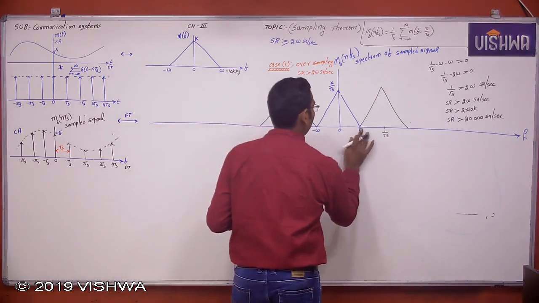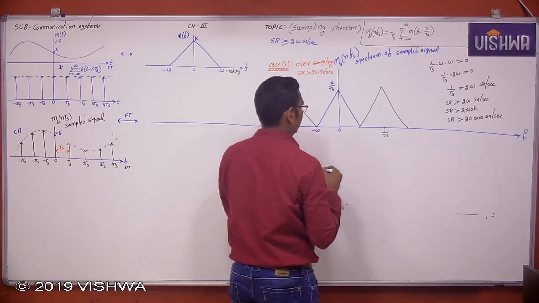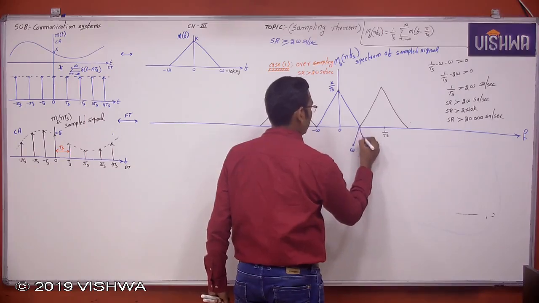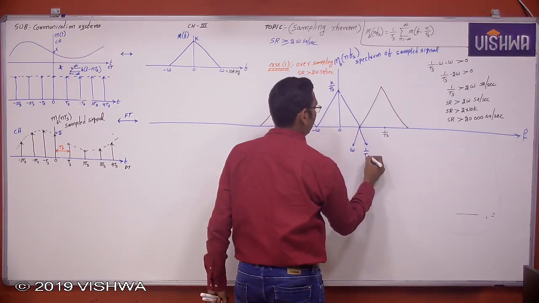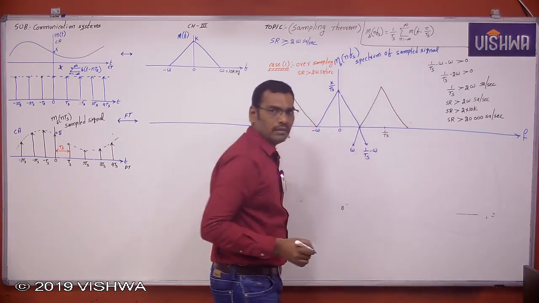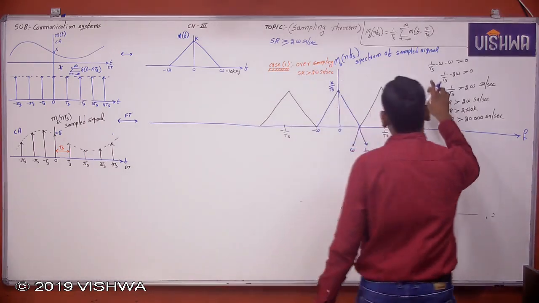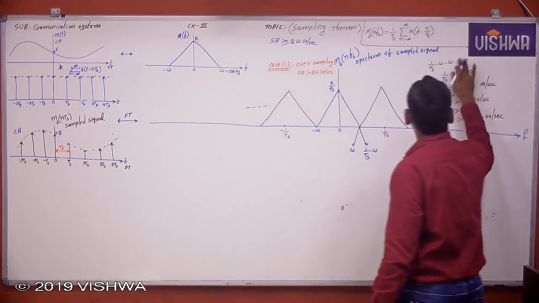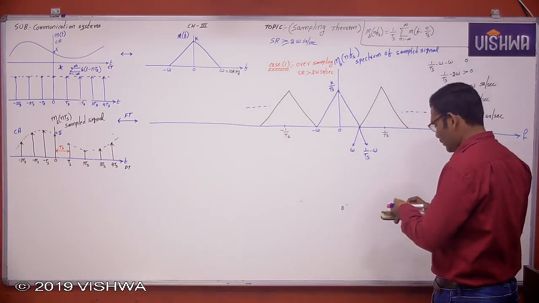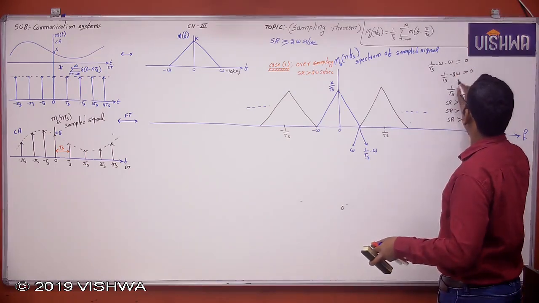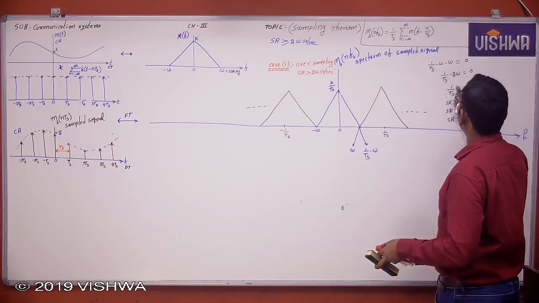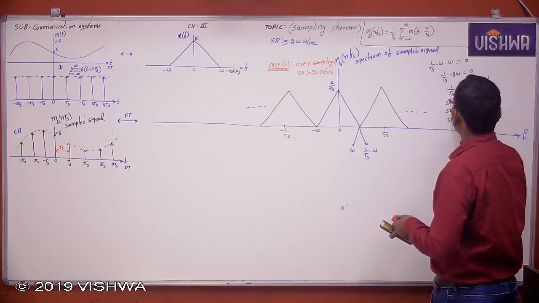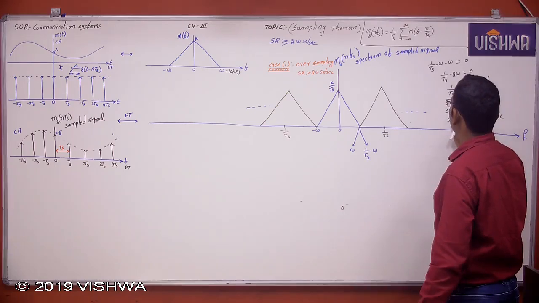Now what is this gap? Here there are two signals. The upper limit is omega. The lower limit is 1/Ts minus omega. What is this gap? 1/Ts minus omega. This gap is equal to 0. Therefore 1/Ts is equal to 2 omega samples per second. Therefore the sampling rate is exactly 2 omega samples per second.